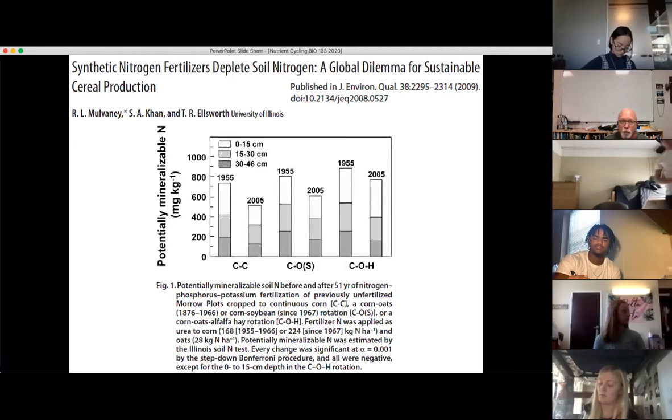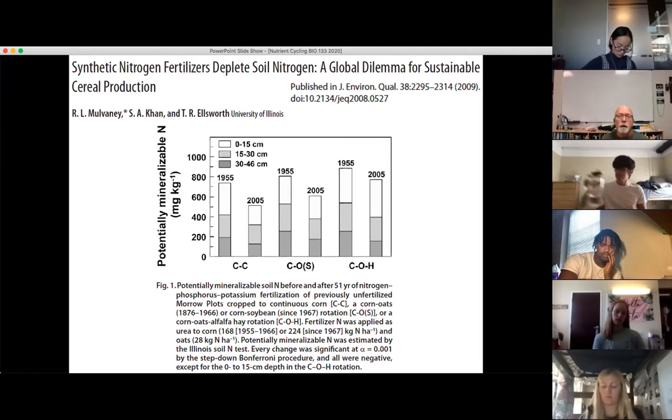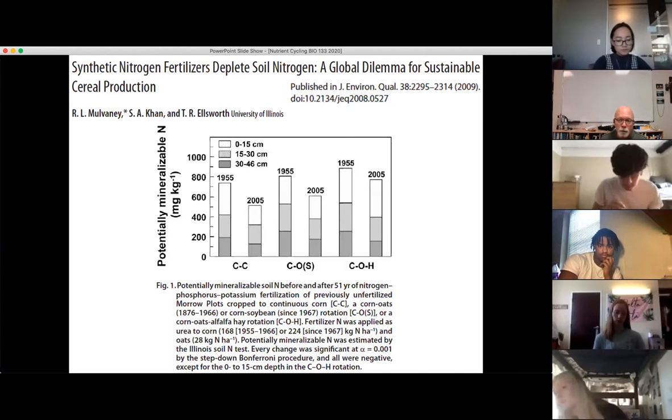And there's a couple of reasons. One of the reasons is that the form of nitrogen that you put on your fields is being put on there because it's easily assimilated by plants. But when it's easily assimilated by plants, it's also prone to leaching. And so a certain amount of that nitrogen just leaches right out. Whatever doesn't get picked up by the corn plants that you're applying it to gets leached out.